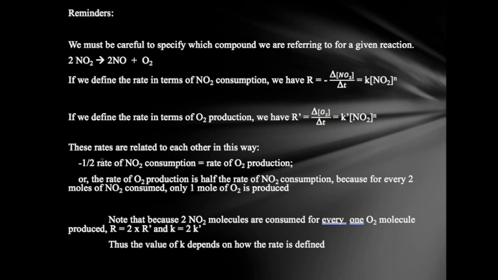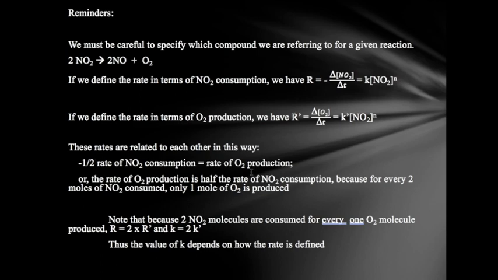It's really that simple. How is this related to the rate law itself? Well, because for every 2 NO2 molecules that are consumed, only 1 O2 molecule is produced, then I know that the rate of NO2 consumption has got to be twice the rate of O2 production.